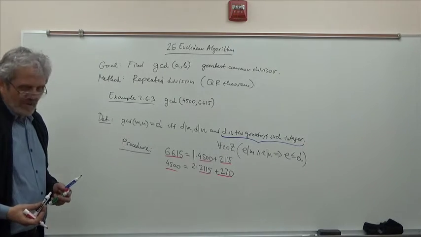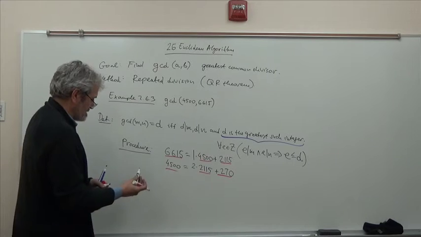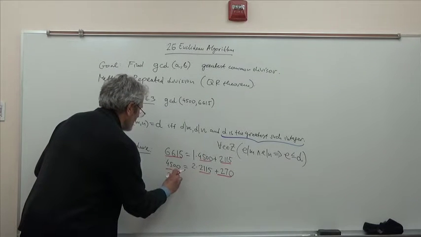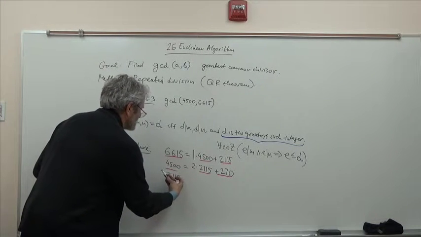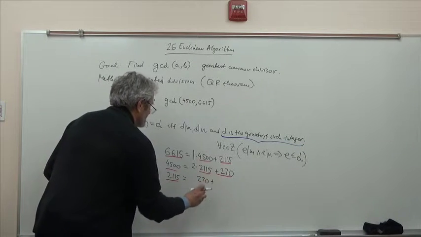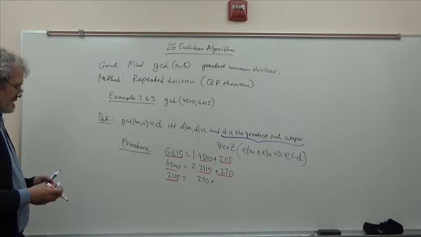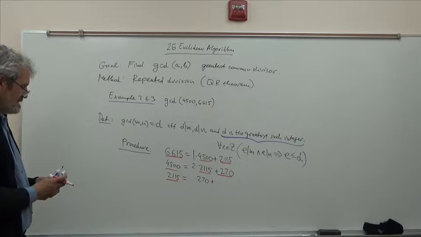And then you keep going until you reach a step where there is no remainder. So now 2115 goes to the left, equals 270 times the quotient plus the remainder. What would the quotient be here?